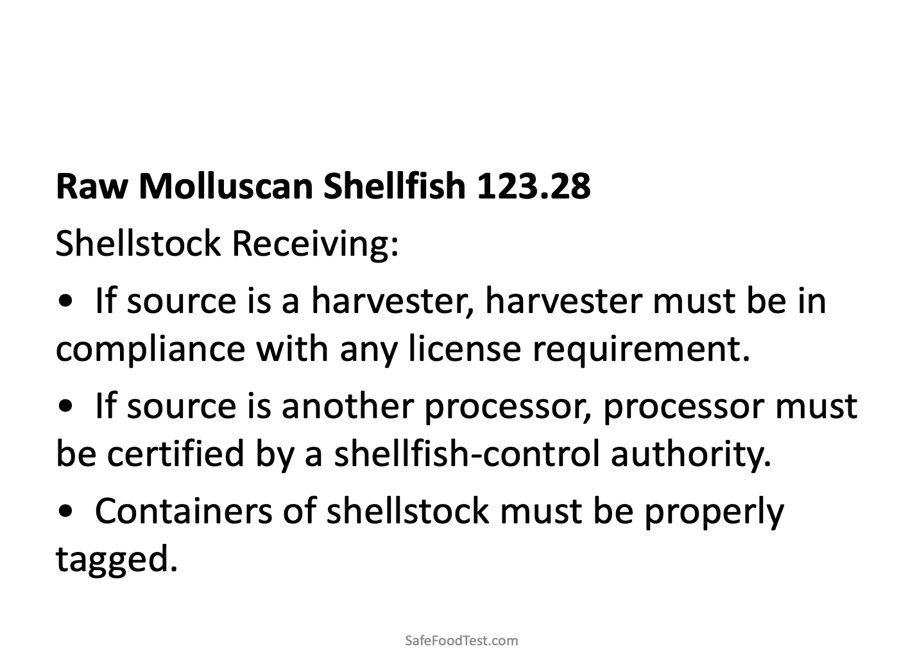If source is a harvester, harvester must be in compliance with any license requirement. If source is another processor, processor must be certified by a shellfish control authority. Containers of shell stock must be properly tagged.